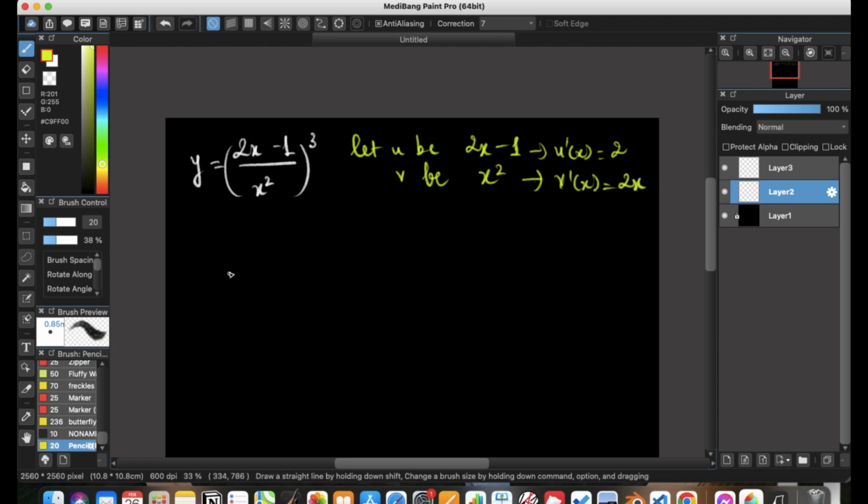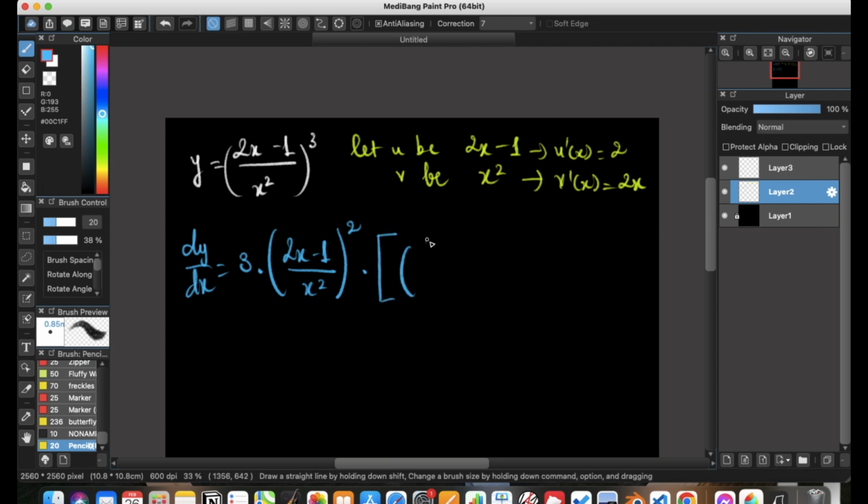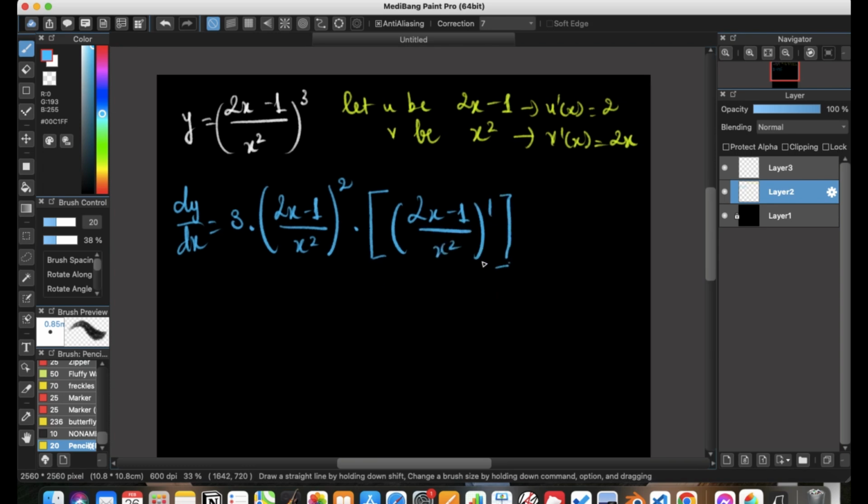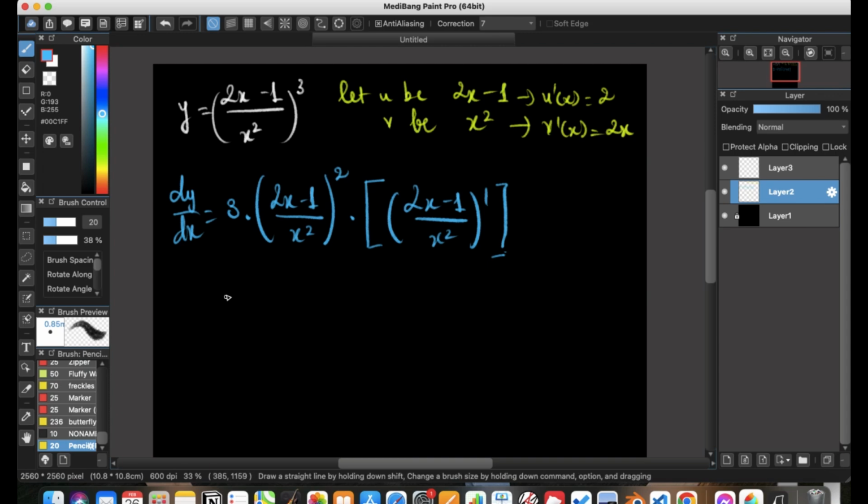And here we're going to apply the chain rule. dy over dx is going to be 3 times the whole thing here, right? Now we're going to have to multiply it with the derivative of this whole thing.